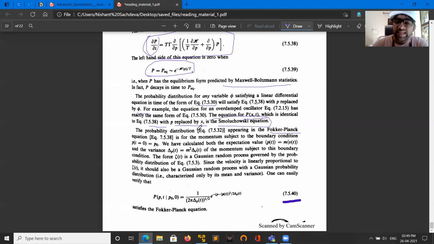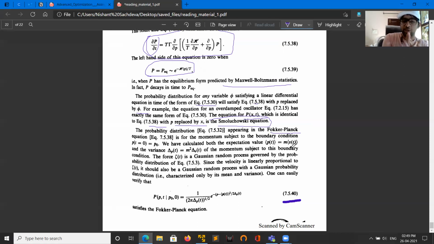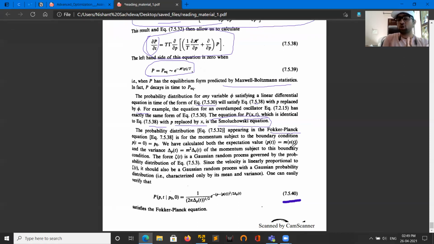The force tau of t is a Gaussian random process governed by the probability distribution of 5.3. Since the velocity is linearly proportional to tau of t, it should also be a Gaussian random process, with a Gaussian probability distribution that is characterized only by its mean and variance.